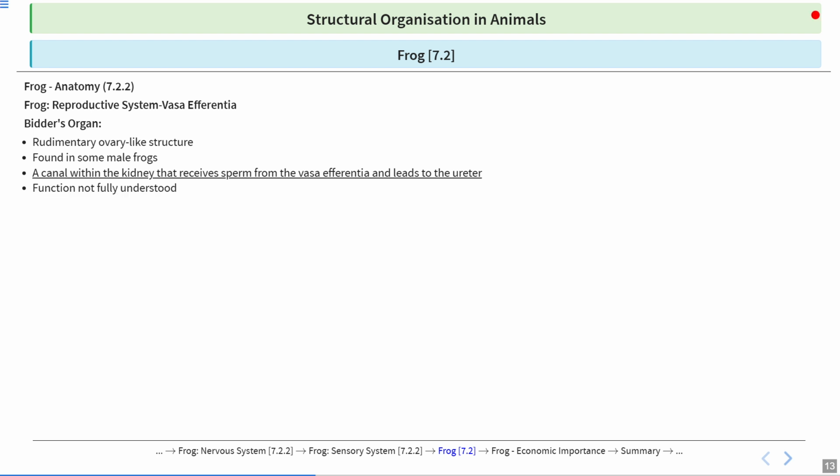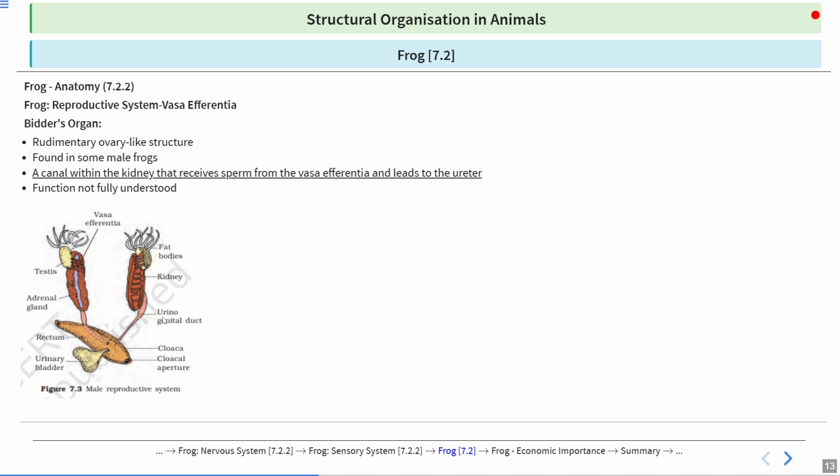So if it is asked about the Bidder's canal, you can say that it is the joining part of the vasa efferentia to the ureter, and this canal-like thing is present inside the kidney, right? Function not fully understood. Though its function is not fully understood, as there is only one opening, that is through the ureter, the sperm could lead to the cloacal aperture region.